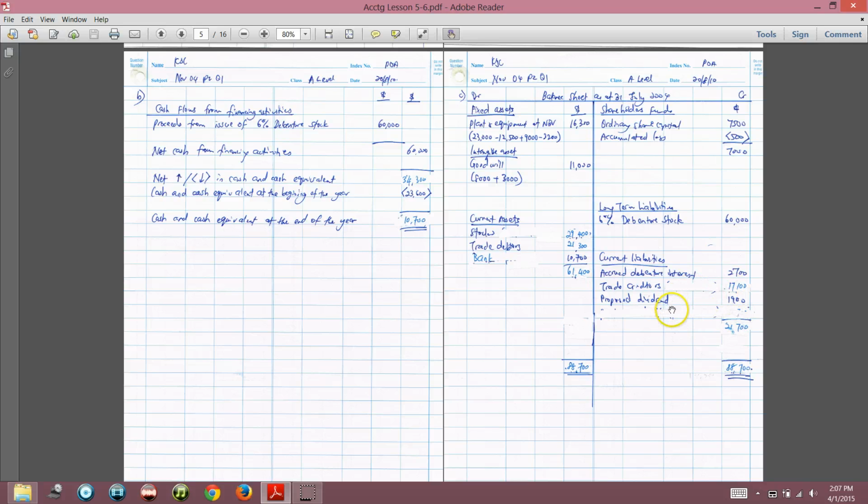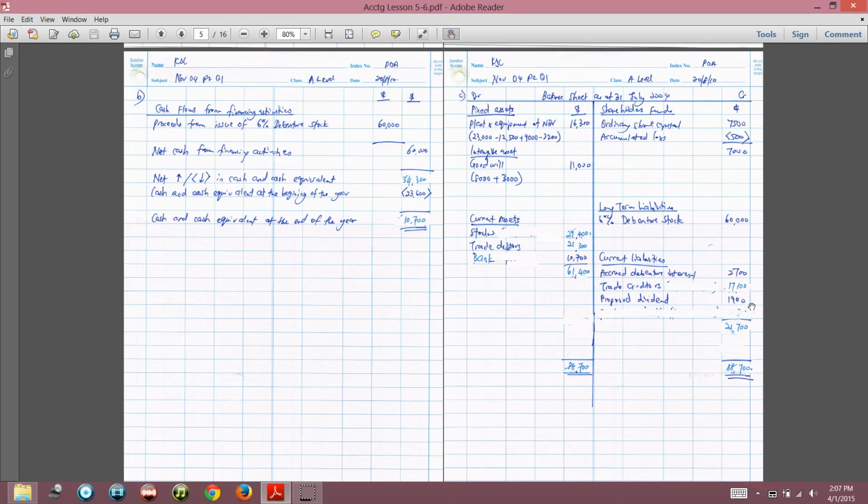Proposed dividend. As I said in previous lessons, proposed dividends are dividends that we promise to the shareholder but not paid yet. So it has the same meaning as creditors. That means the company owes the shareholder a dividend. So it's a liability. So put proposed dividend under current liability here.